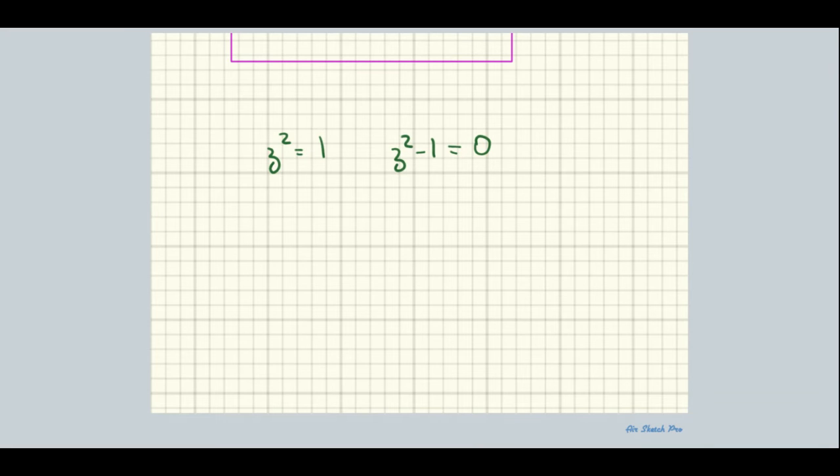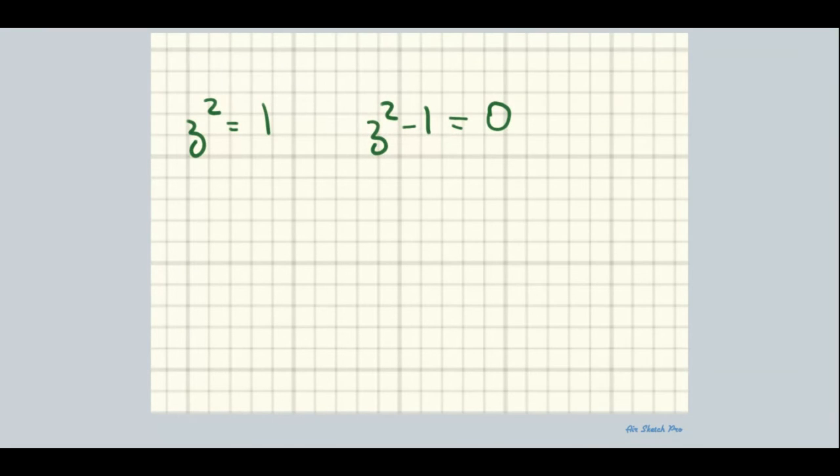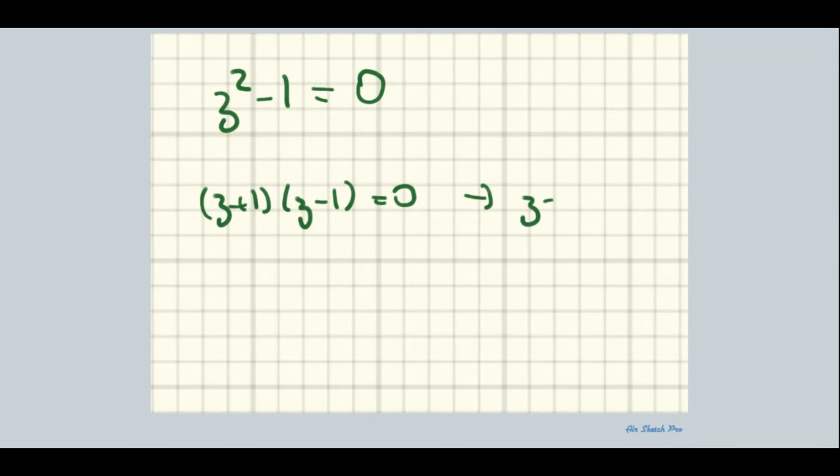Everybody see that? I bet you can factor that, can't you? That factors as z plus 1 times z minus 1 equals 0, and it gives you the solution z equals plus or minus 1, yeah?